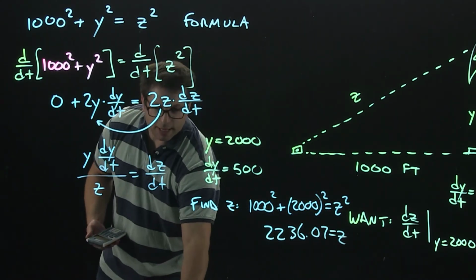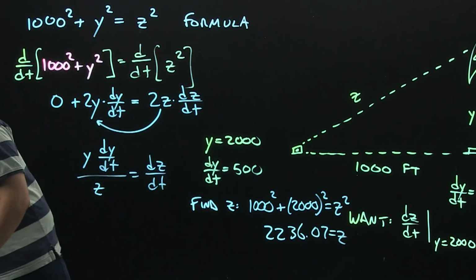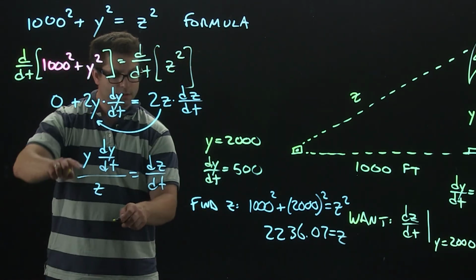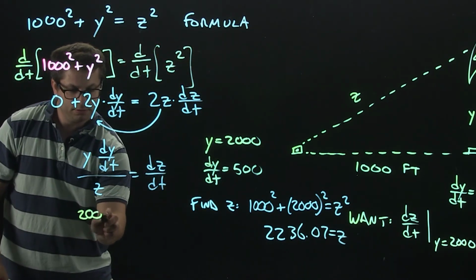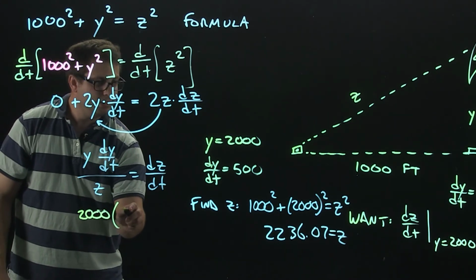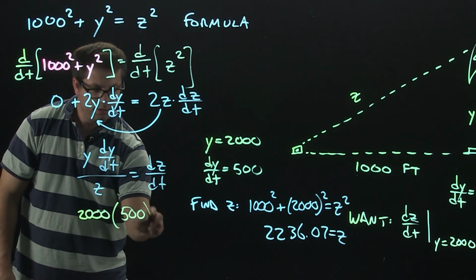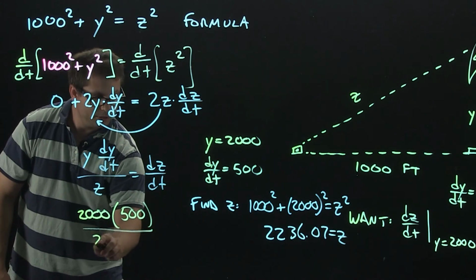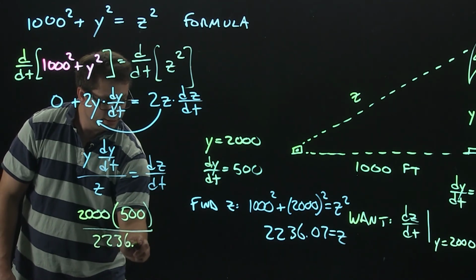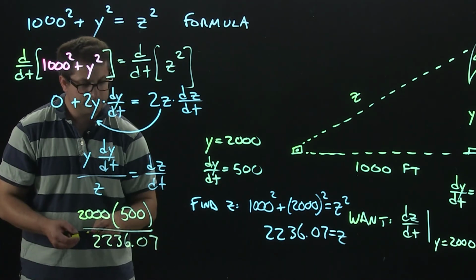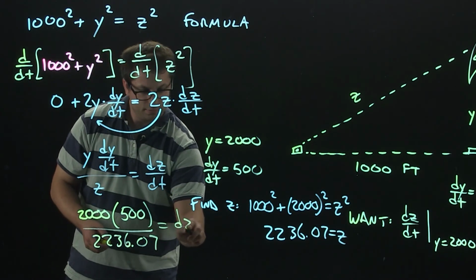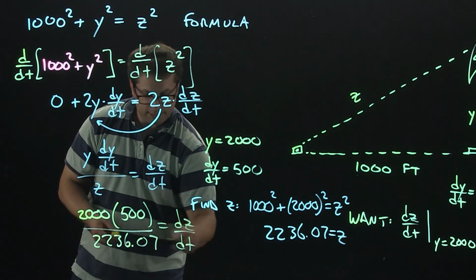So let's go ahead and plug that in now. y is 2,000, dy/dt is 500, and z is going to be 2236.07. So that's our dz/dt.